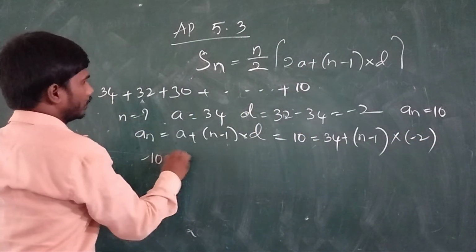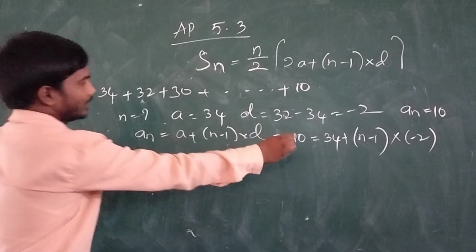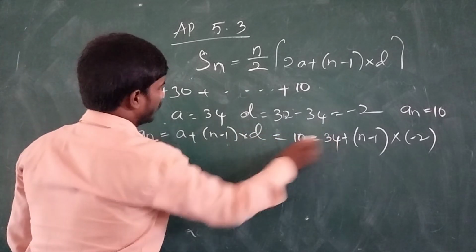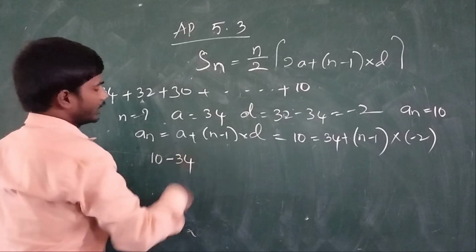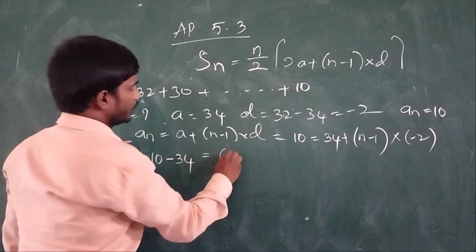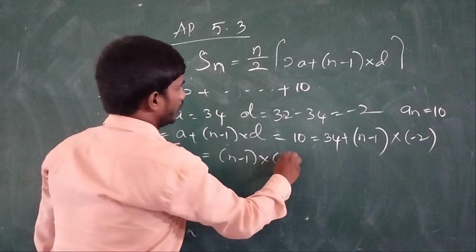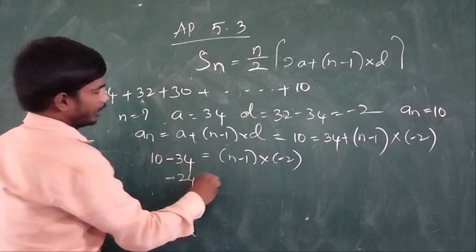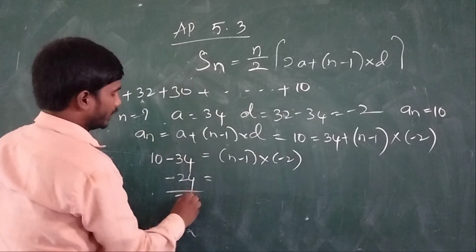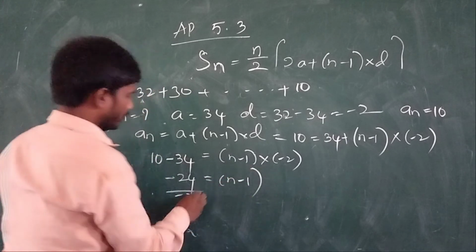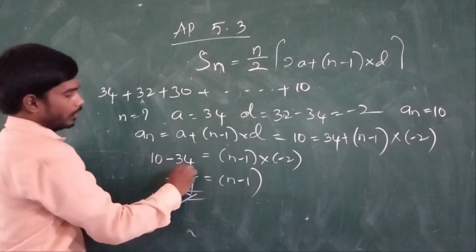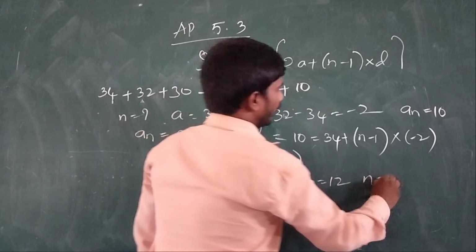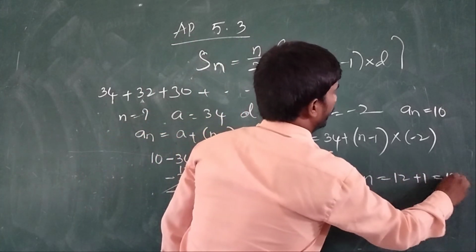So 24 divided by minus 2 gives minus 12, so n minus 1 is equal to 12, and n is equal to 12 plus 1, that is 13.